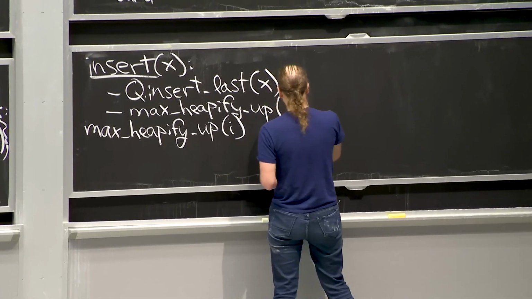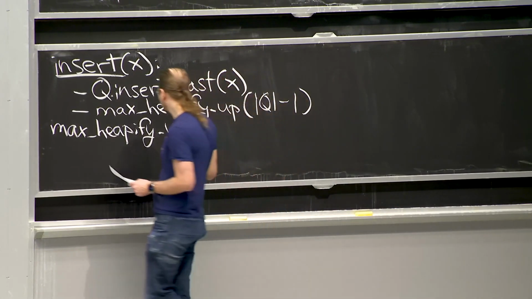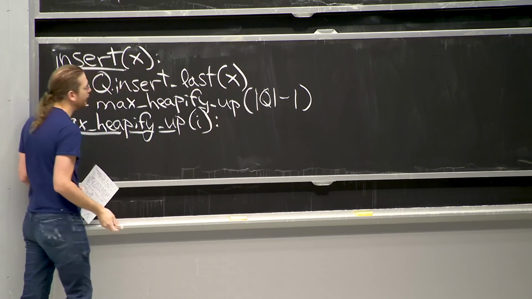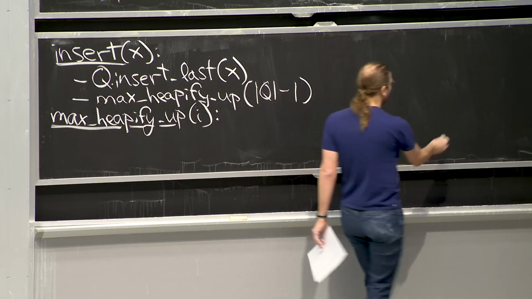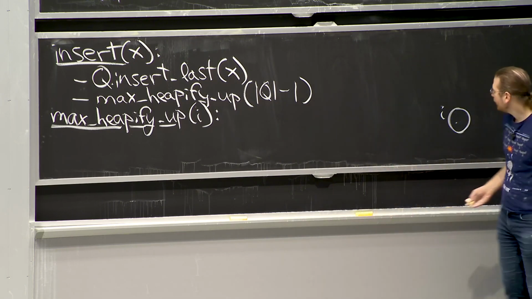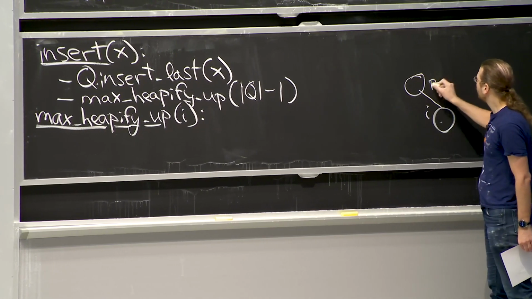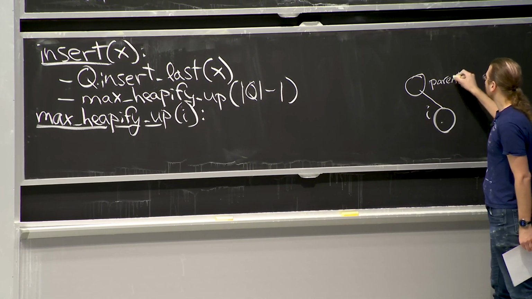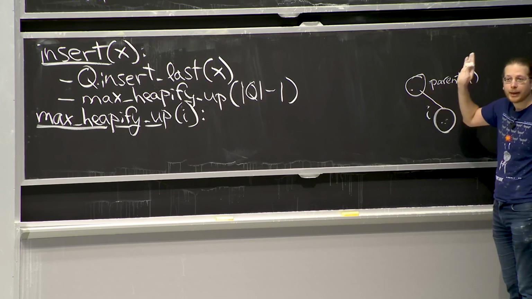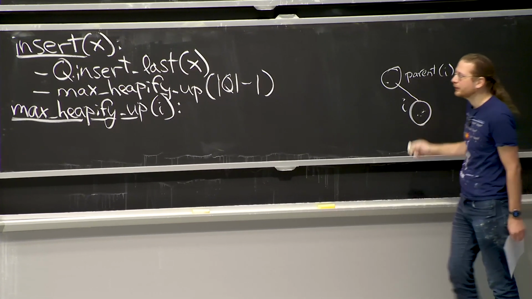We're going to start at size of q minus 1 for our value I, but it's going to be recursive. So we look at a node I, in particular the one that just got inserted, and where could it violate things? Well, with its parent, because we have no idea what key we just put here. Maybe it's less than our parent, then we're happy. But if it's greater than our parent, we're in trouble, and we should fix it.